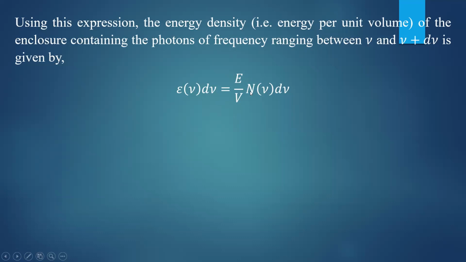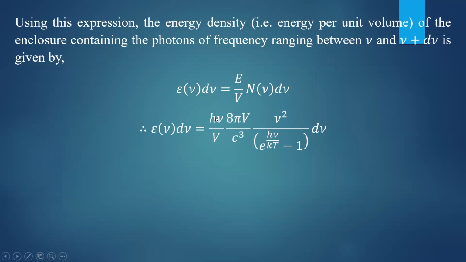Here E represents the energy of one photon. Energy of one photon into number of photons gives you total energy. So total energy divided by volume gives you energy density. So substitute for E, substitute for n of nu, and simplify it further.